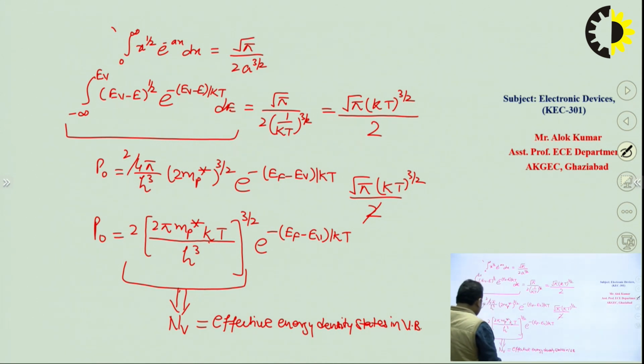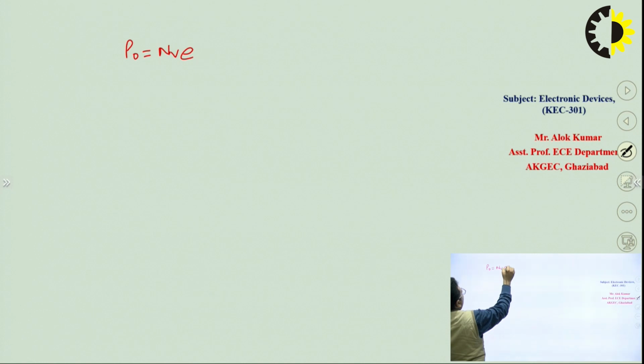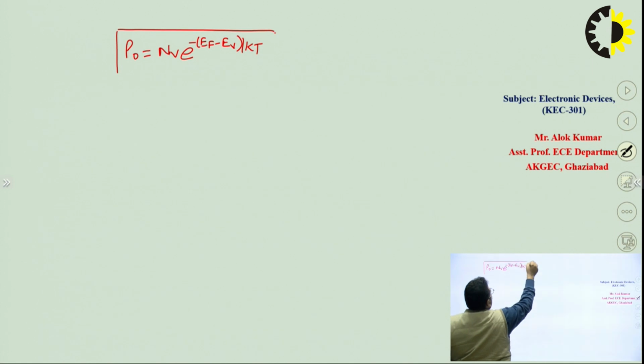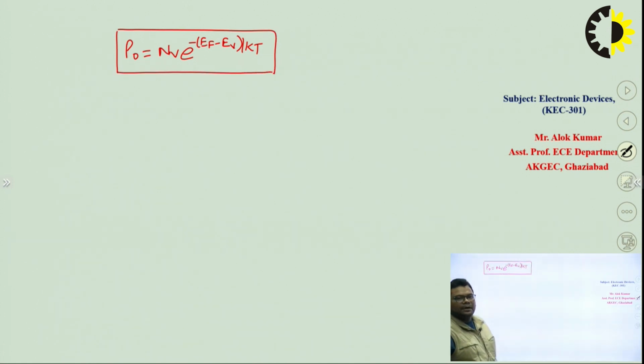So finally we can write P naught is equal to NV e to the power minus EF minus EV upon KT. This is the final expression for the concentration of holes in valence band.